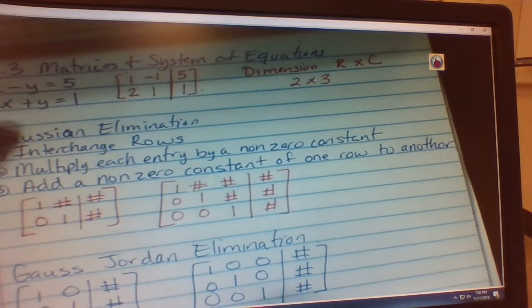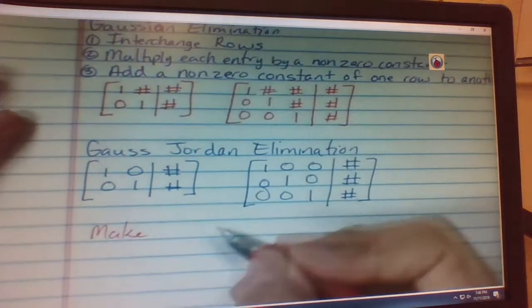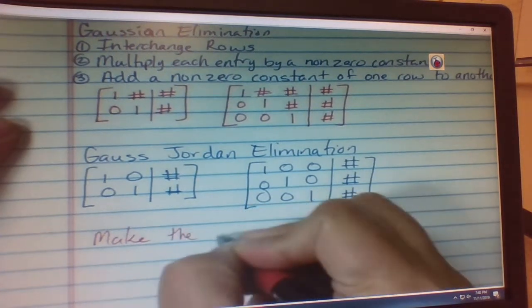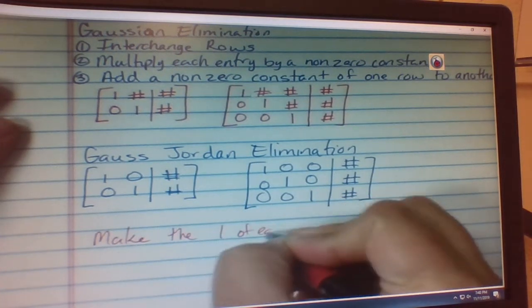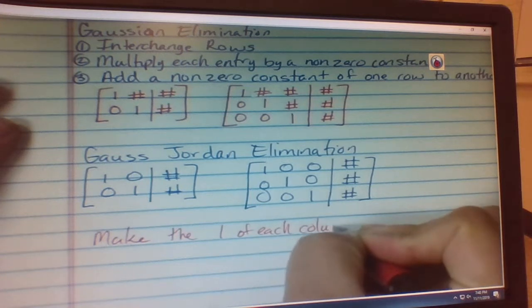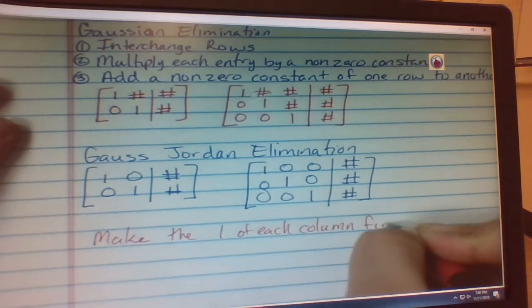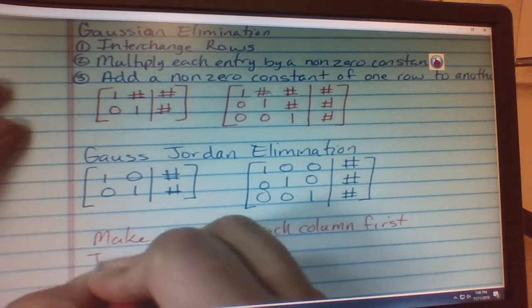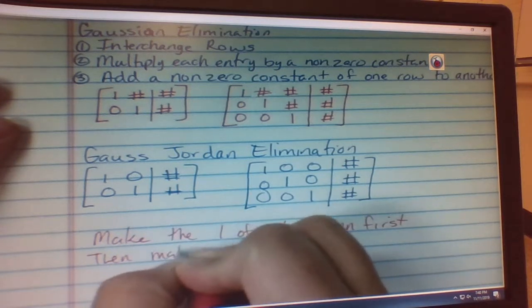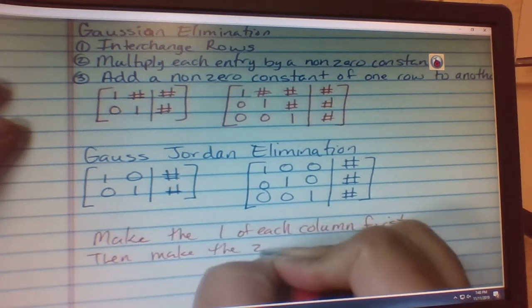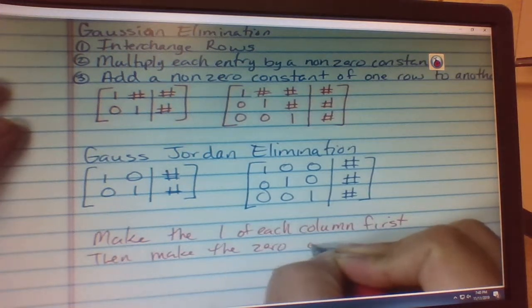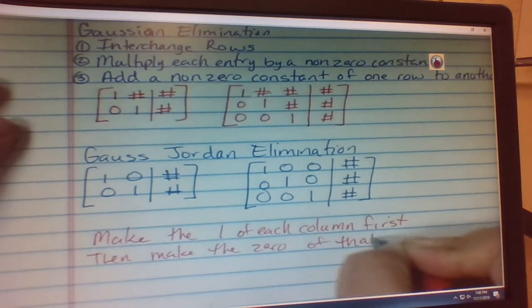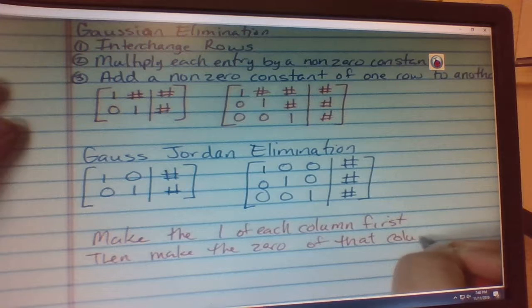Make the 1 of each column first, then make the zeros of that column.